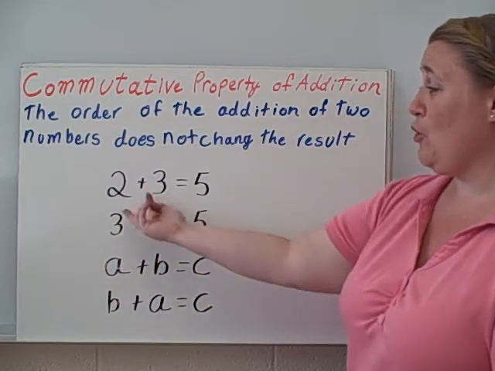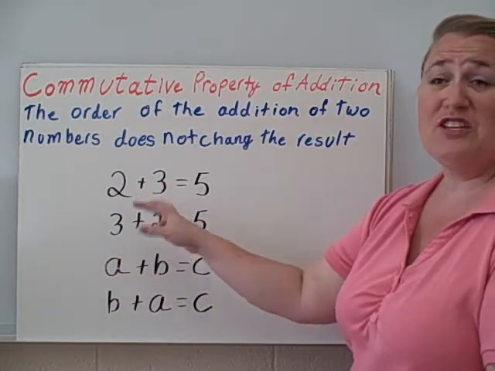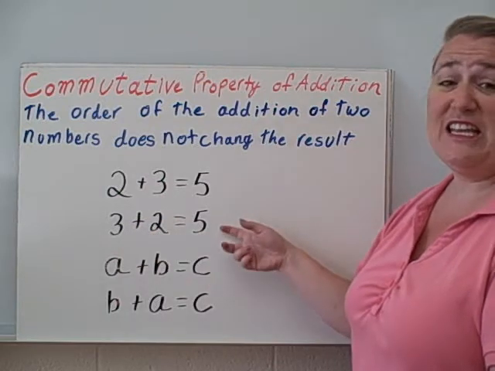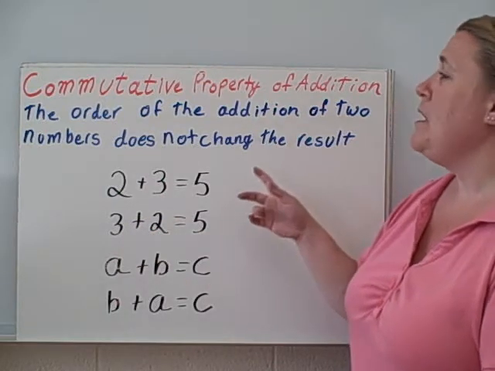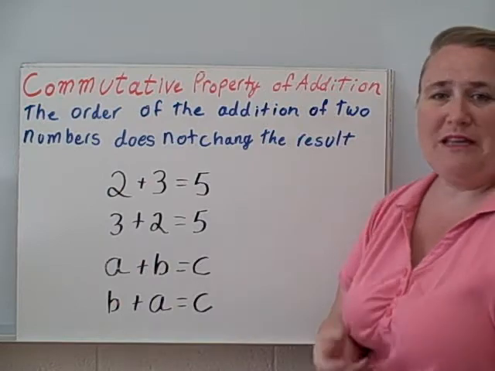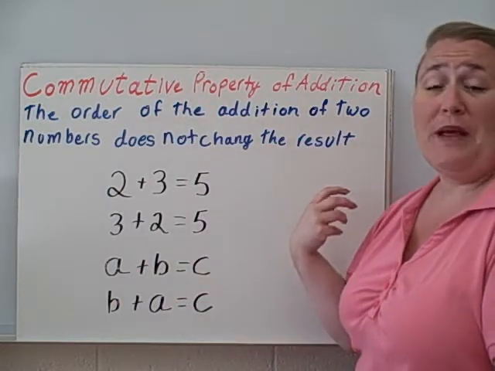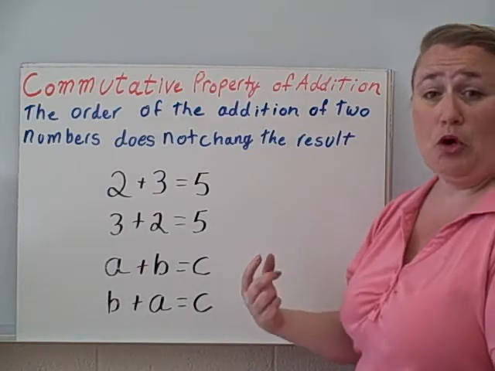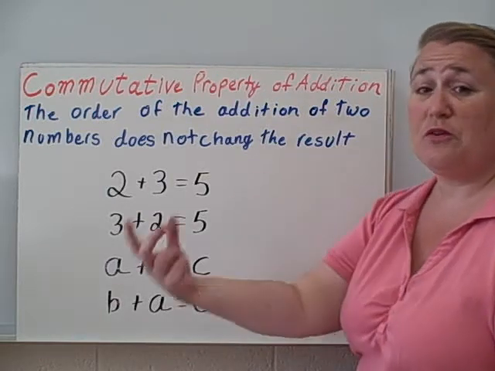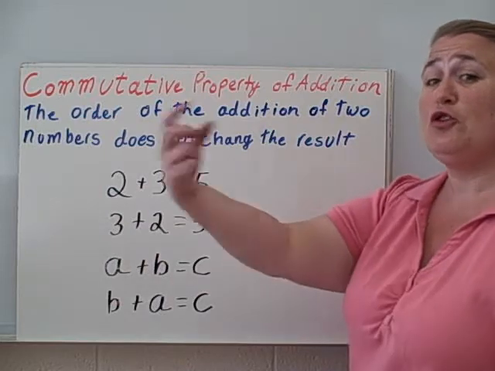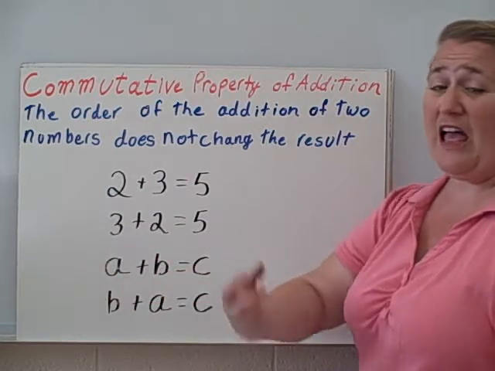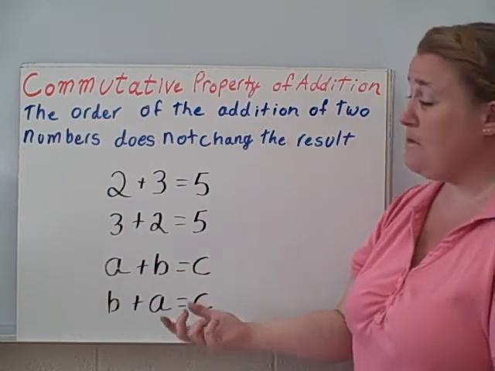It doesn't matter which order I do the addition, it's still going to give me the same answer. Think of commuting back and forth. Commutative, the word commute. Your parents commute to and from work. You commute to and from school. You're changing your location, but everything else still stays the same.